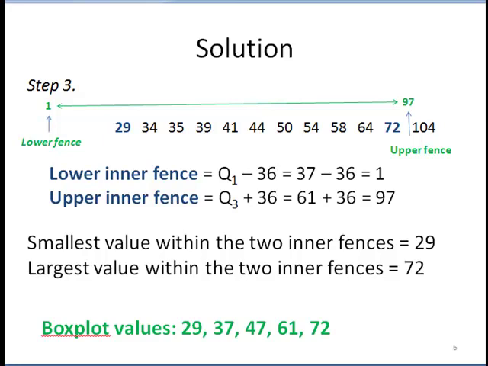We will build our box plot using the data within the fences, and then we will identify outliers separately. So here is a 5-number summary of sorts. It has the minimum value, Q1, the median, Q3, and this 72 is the maximal data value within the fences.